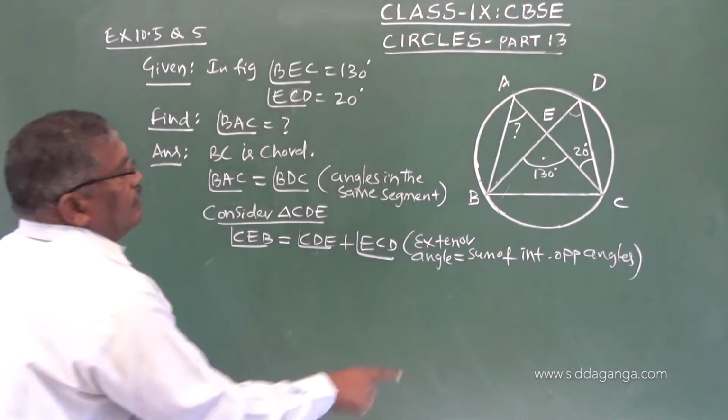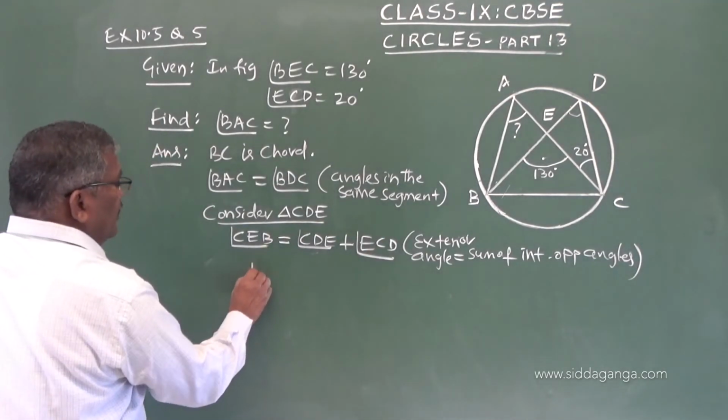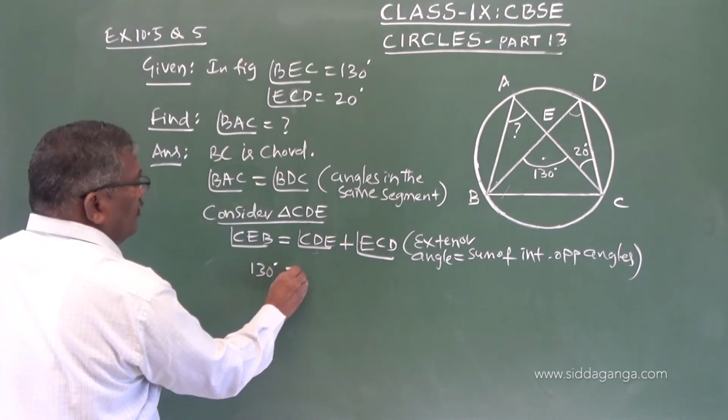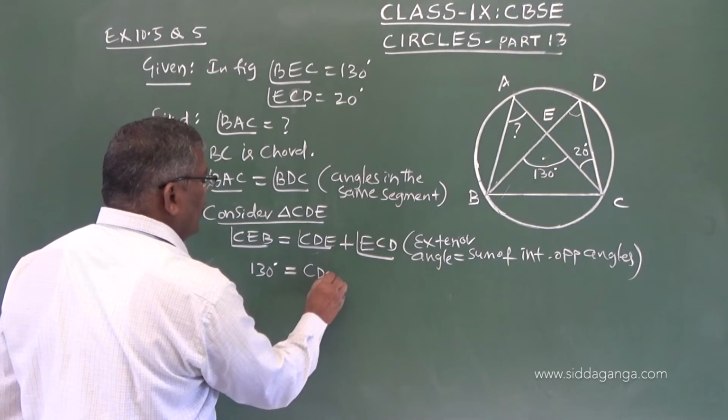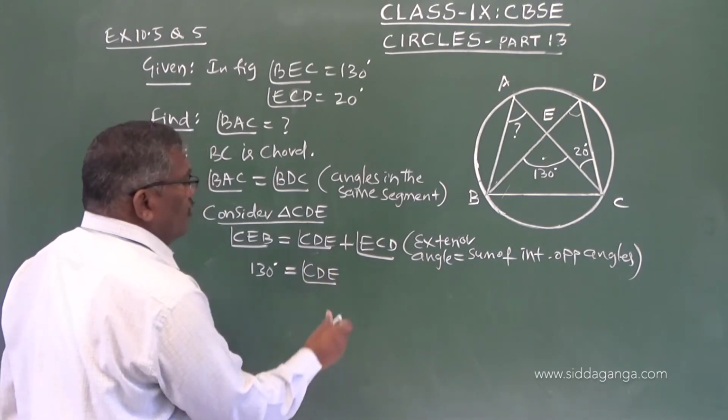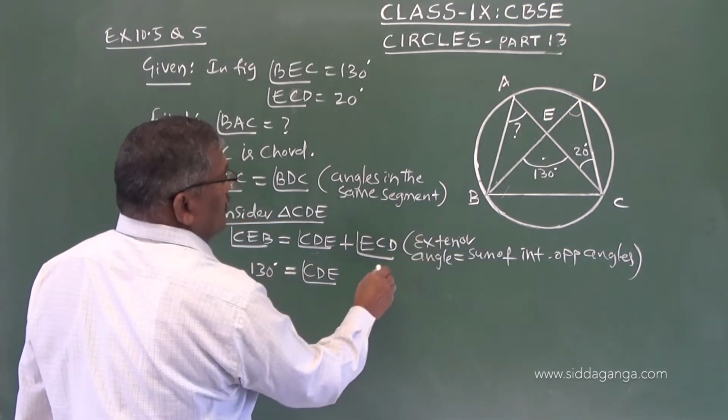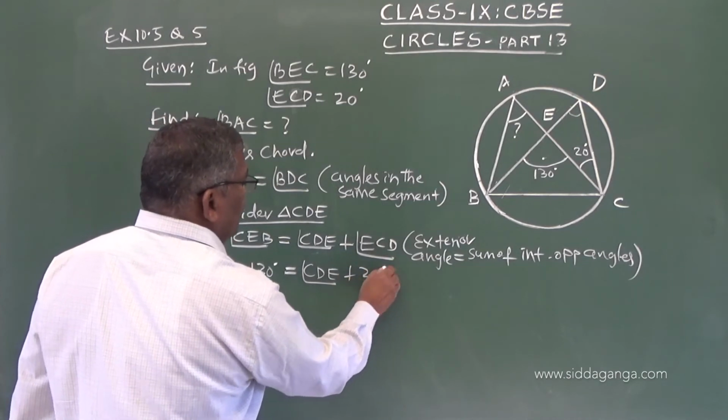Now with this we have CBE equals 130 degree, CDE is not known, and ECD is 20 degree.